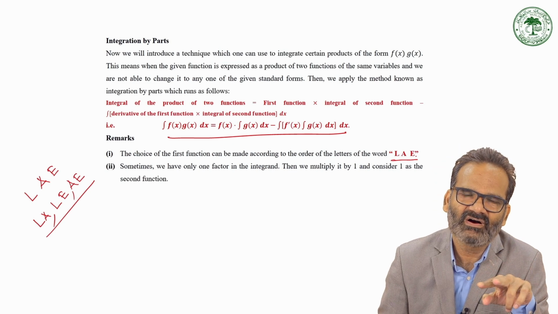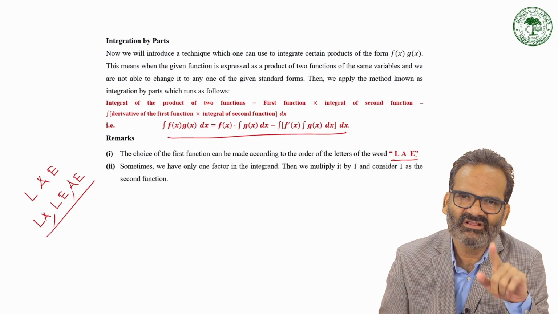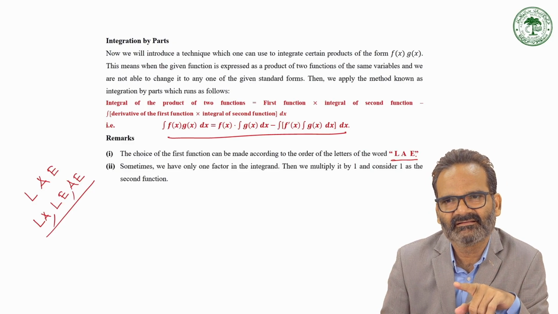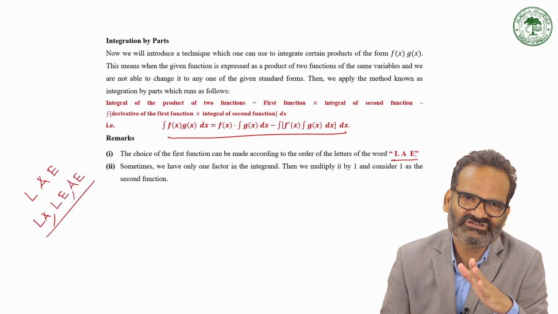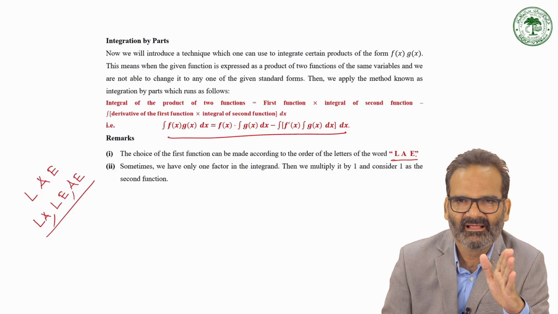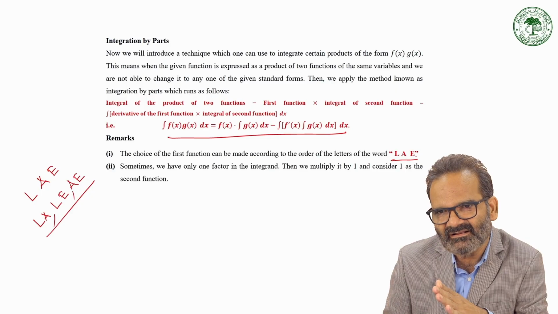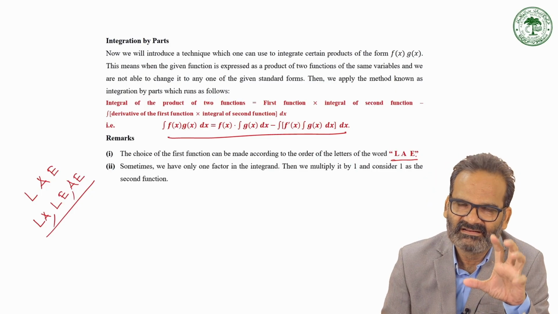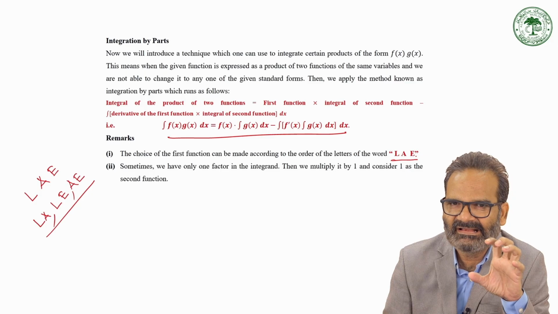If one function is exponential, it should always be taken as second. And the algebraic position changes: with logarithmic, it is second, and with exponential, it is first. I hope this convention is very clear to you.